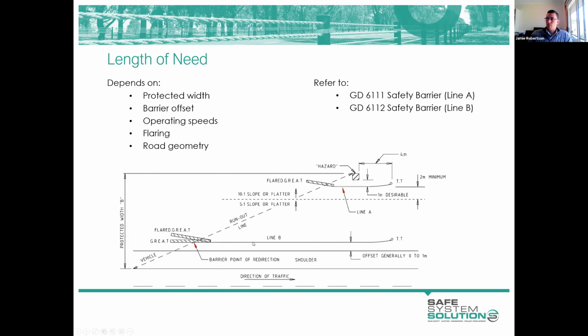Or you might provide a radius and then a straight section of barrier, and then your terminal, which would help get the terminal even further away from the road. That's sometimes referred to as the line A treatment. That's what line A means. You've got a straight section, and then a radius, and a straight, if that makes some sense.